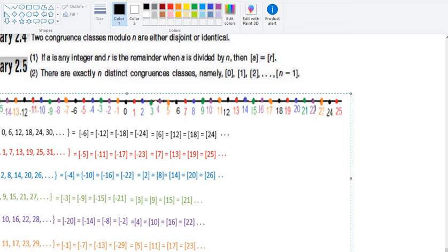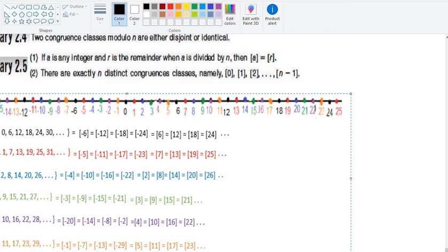This is the congruence class of 1, which is the same as the congruence class of 7, which is the same as the congruence class of -1, and so on.